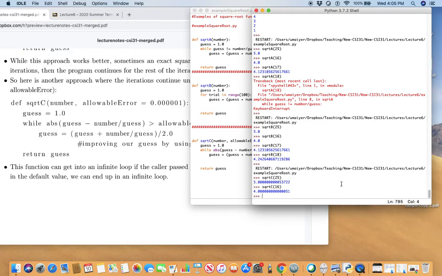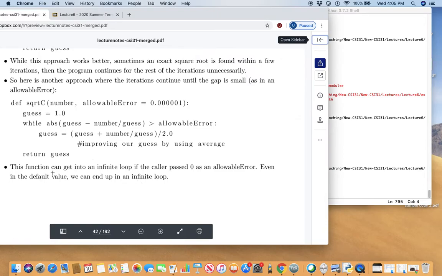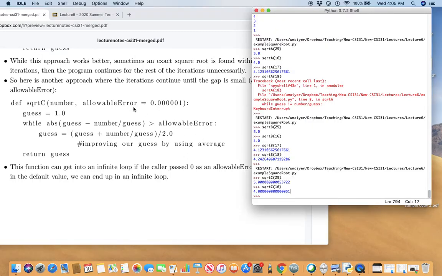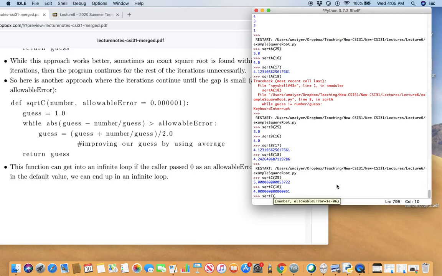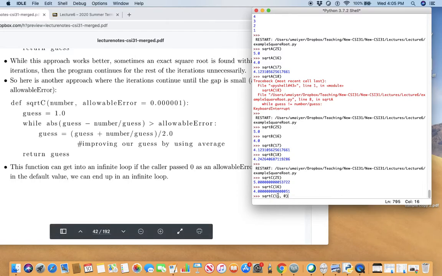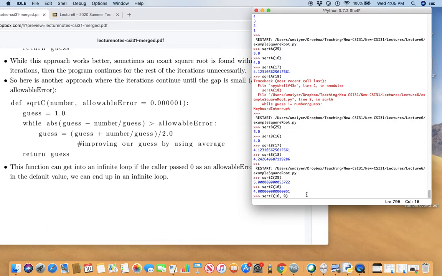So why is this a problem? Because you can get into an infinite loop if the caller passes 0 as the allowable error. The default allowable error is this number, but what if I say square root c of 16, allowable error is 0? I don't want any error.